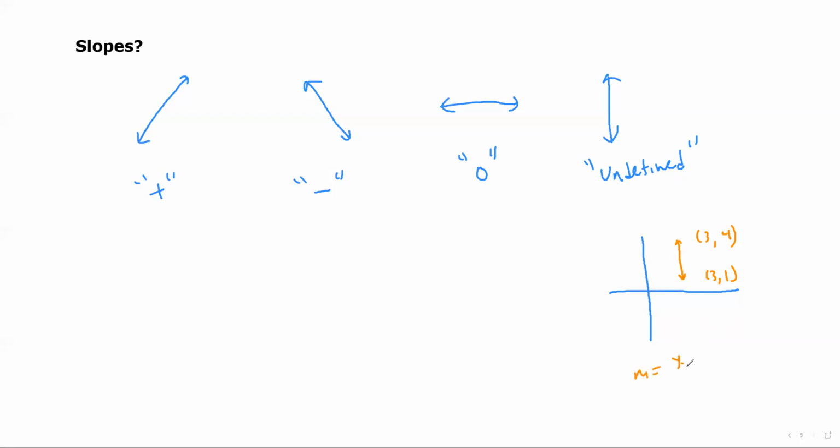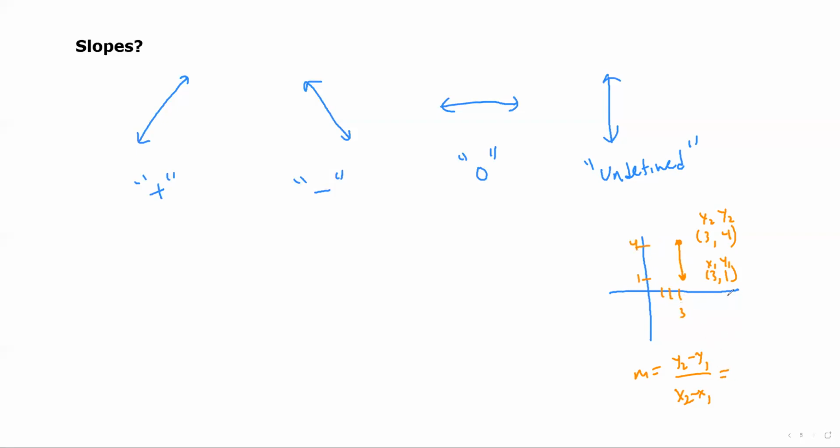m equals y2 minus y1 over x2 minus x1. And I'll just label these x1, y1, and then x2, y2. So when I plug this information in, again, this is the point (3, 1), and then this is the point (3, 4). So 1, 2, 3, there's 1, there's 3, and then there's 4.